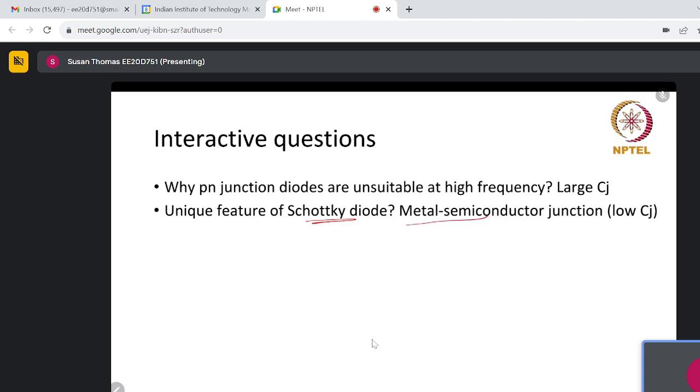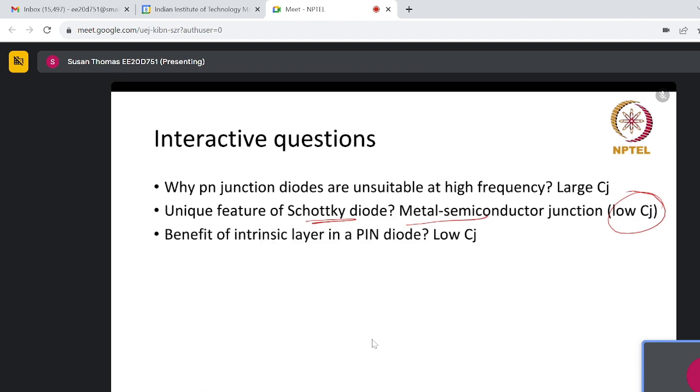Rather than two semiconductors, you have a combination of a metal and semiconductor, which in turn makes the junction capacitance low, which is why it is desirable at high frequency.